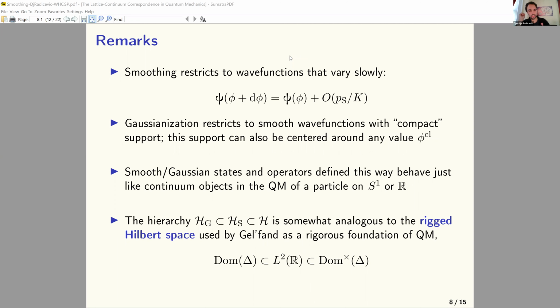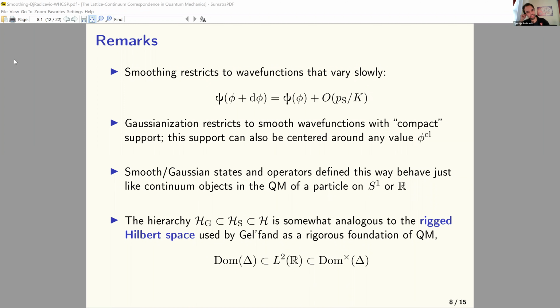So after smoothing, you already get an Ersatz continuum theory, which effectively behaves like a quantum particle on a continuum S1, like on a smooth circle. And if you want to talk about a quantum particle on R, you actually have to perform both of these restrictions. You have to Gaussianize, not just smooth, starting from ZK.